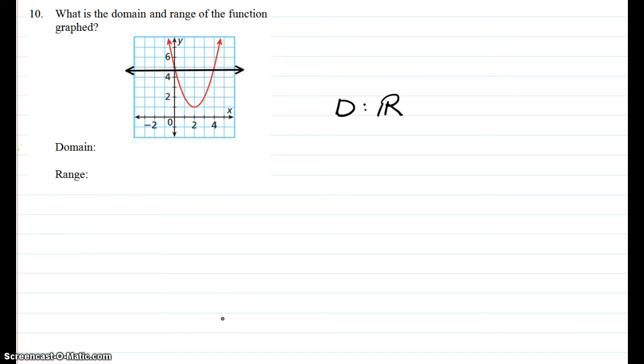So our range is going to be anytime y is greater than or equal to 1. So all numbers that are greater than or equal to 1.